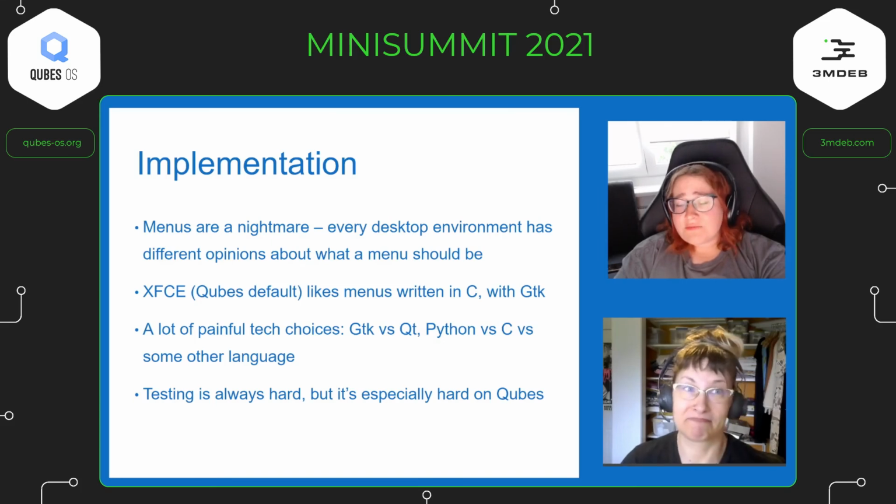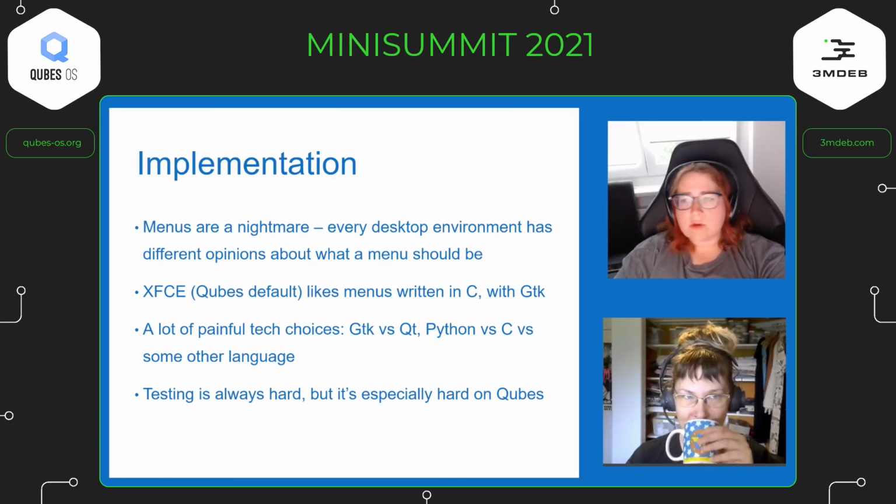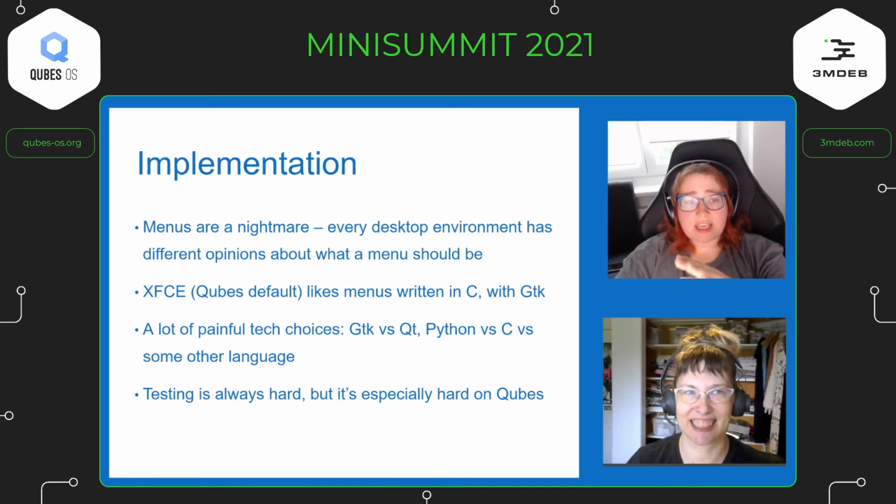And for a moment, I also had to think, okay, will we use GTK? Will we use Qt? Do we want to use something else? For historical reasons, also known as very many people worked on this project and had different opinions, some parts of Qubes are written in GTK. Some parts of Qubes are written in Qt.